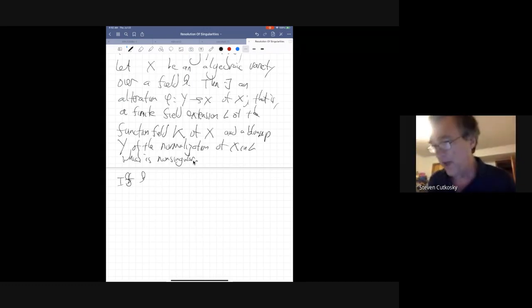But yeah, it works. I don't think when Zariski did it, he had any assumption, but in any event, it doesn't require anything for it to work. For any algebraic variety over any field, it works.